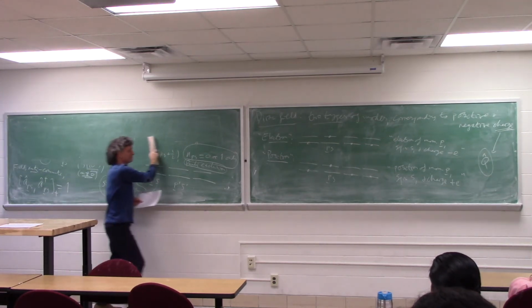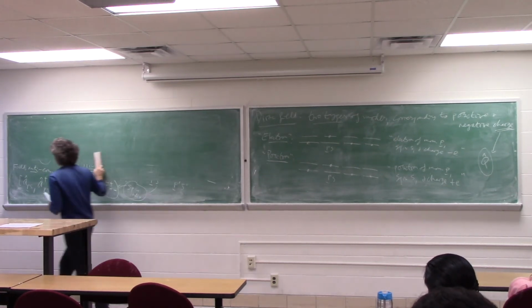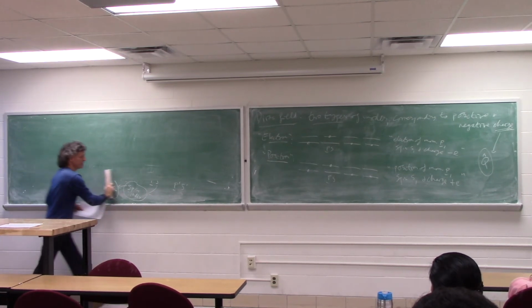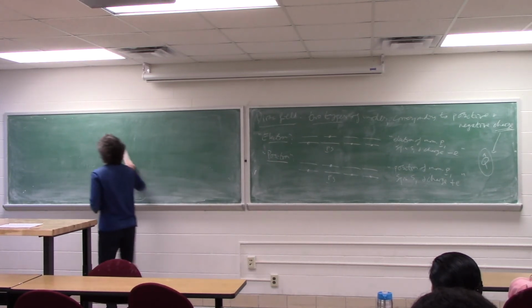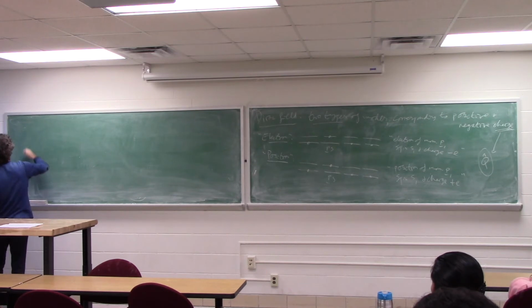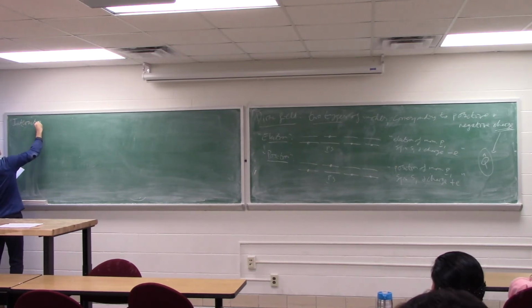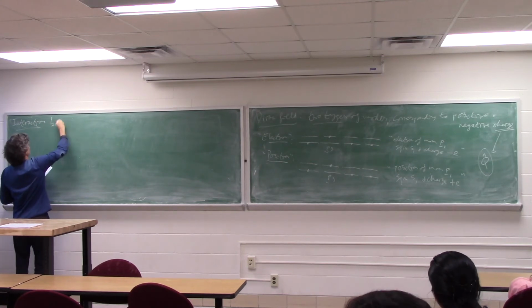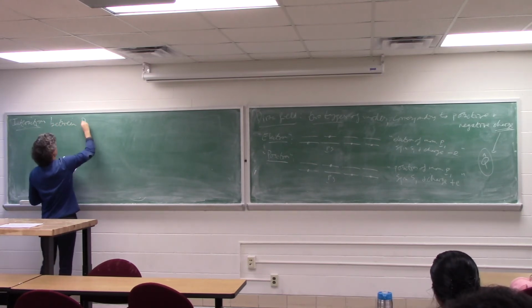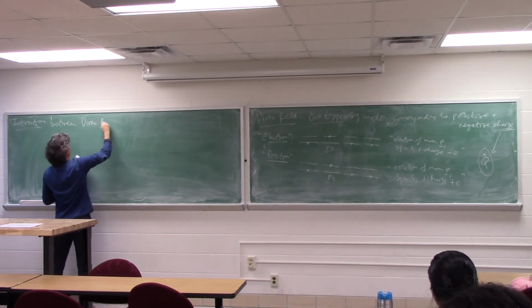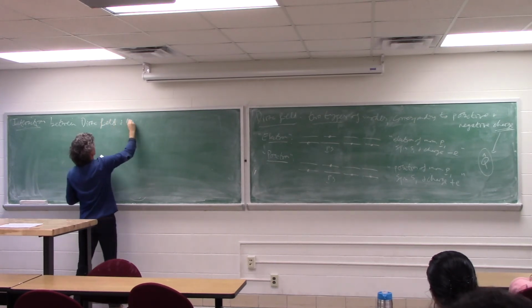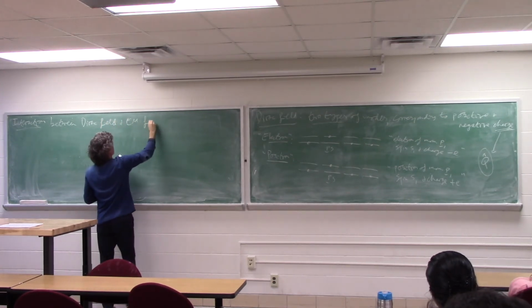What can happen in quantum field theory is, let us say I have an interaction between the Dirac field and the electromagnetic field.